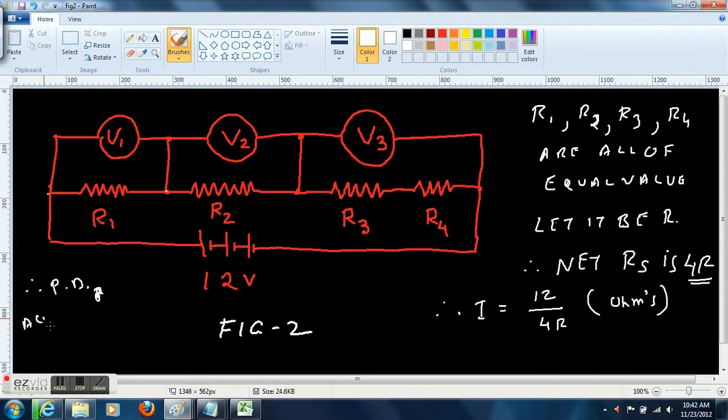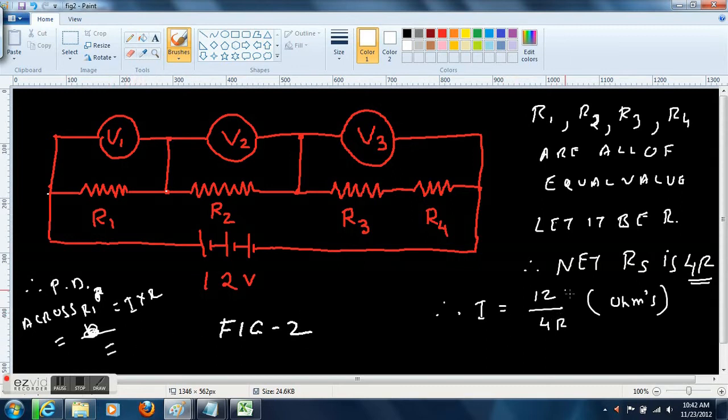So potential difference across R1 is equal to current flow into resistance.